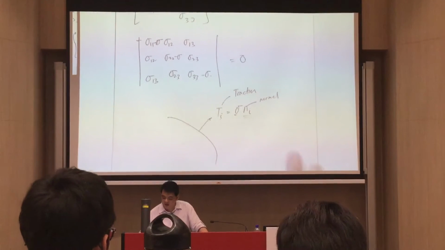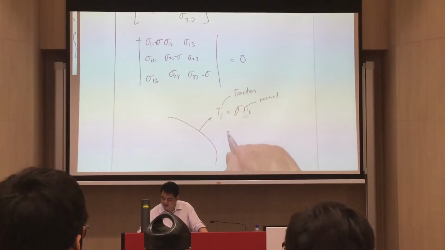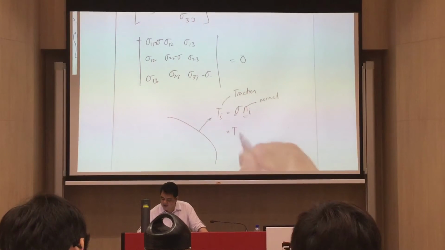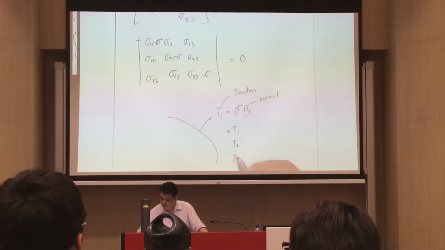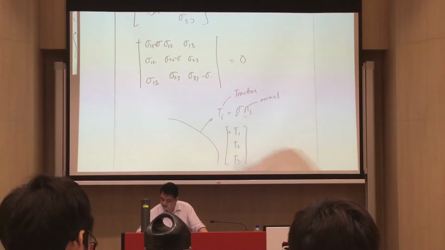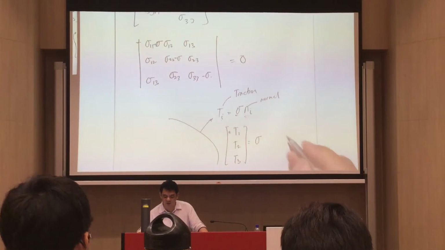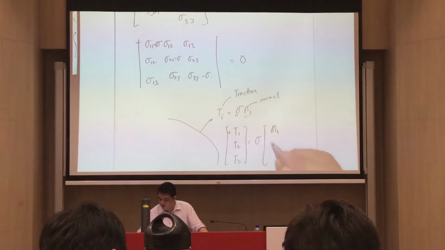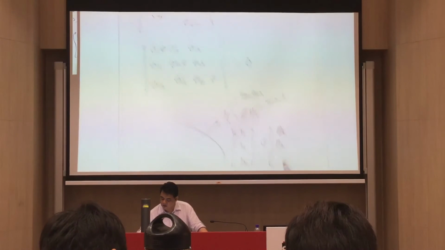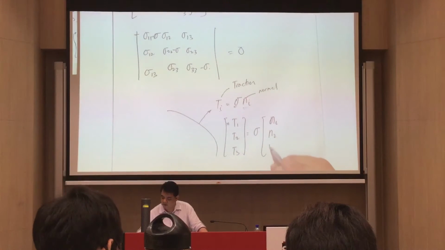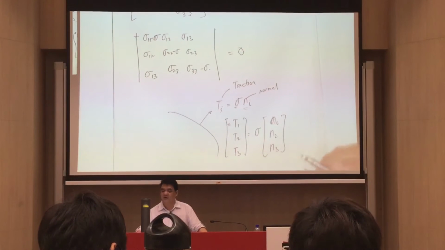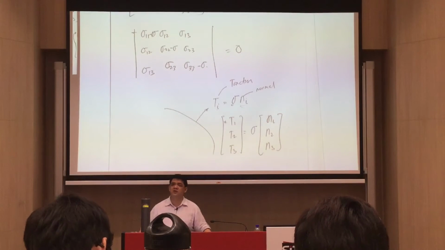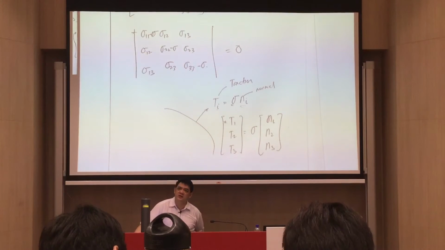Of course, if this is in 3D, that will be, say, T1, T2, T3. This will be equal to a magnitude multiplied by n1, n2, and n3. So they are directions, and here they cannot be zeros.